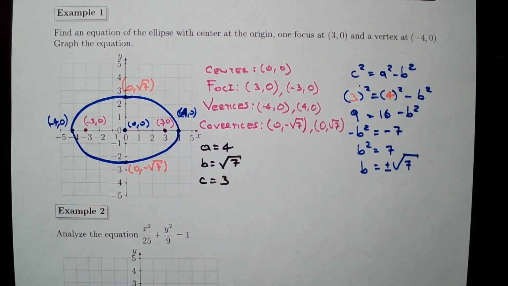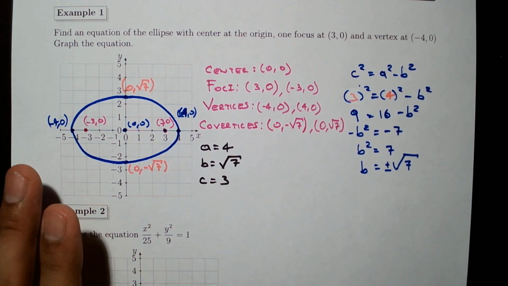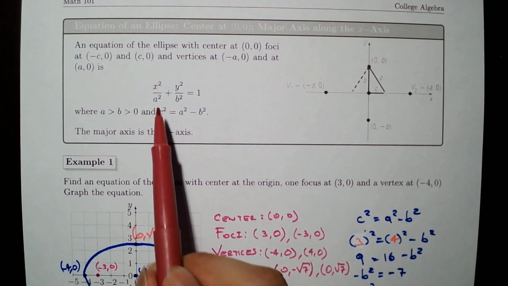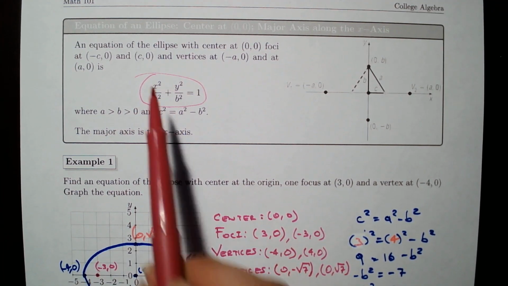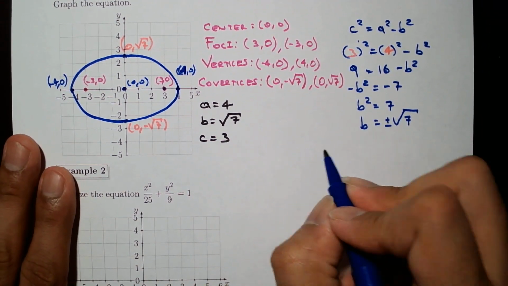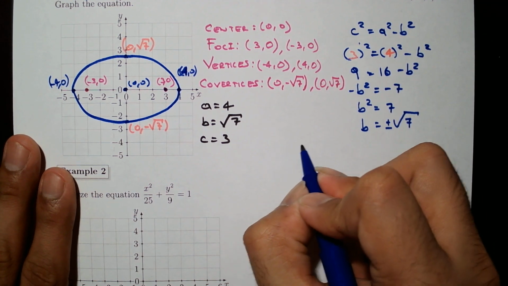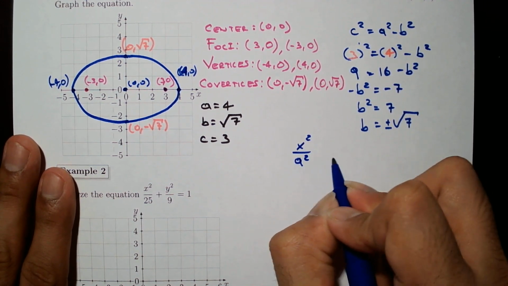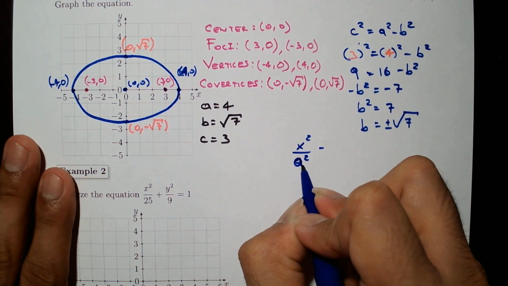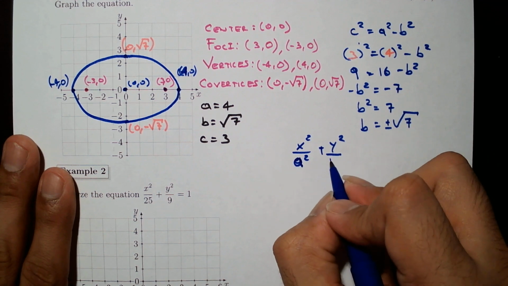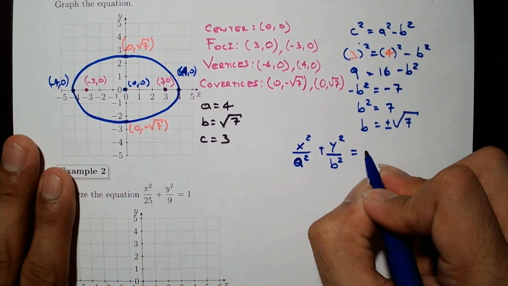And now let's write down its equation. So the equation that corresponds in this case is of this form. So let's write it down first. X squared over a squared, plus y squared divided by b squared equals 1.